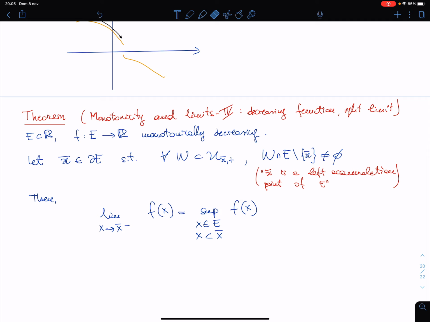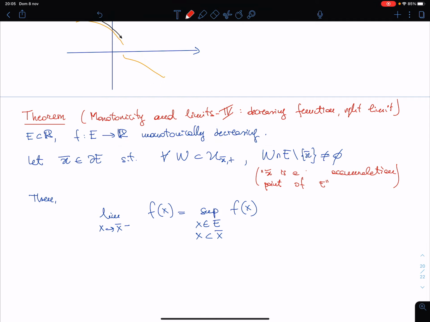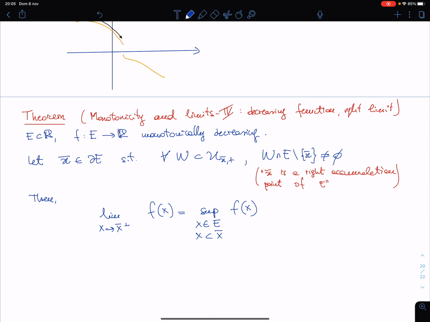Okay, this is a right accumulation point, and here you have x bar plus, and this is larger than x bar.